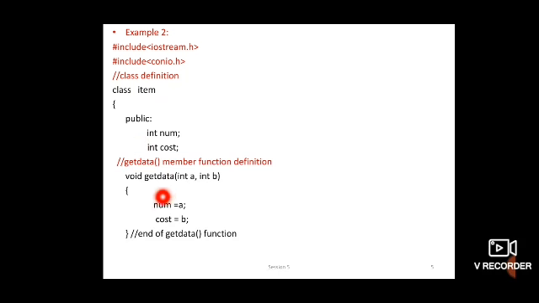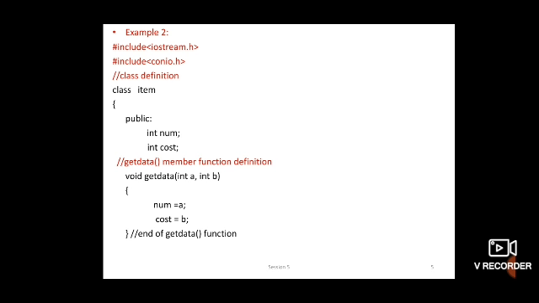Now a and b, these two variables are declared only in the getData function, so a and b are local to this function. These are the local variables, these are the global variables. Local variables means they are accessed only through this function, so outside this function a and b cannot be accessed.